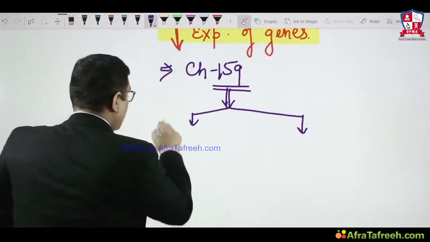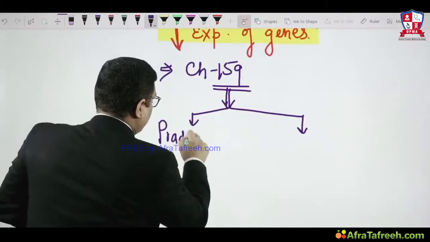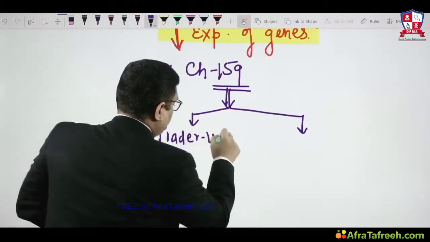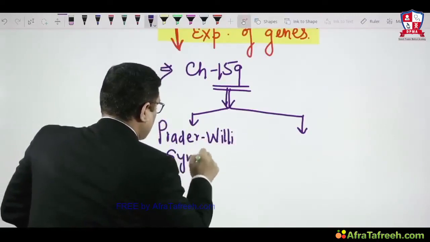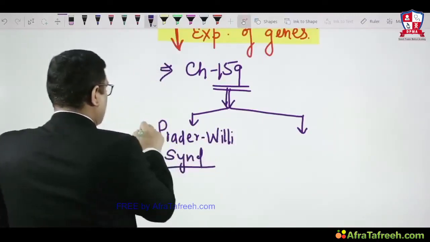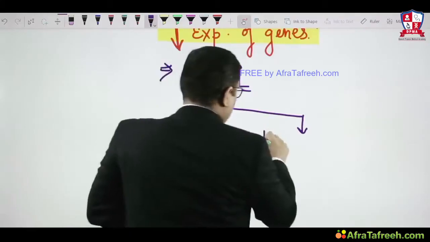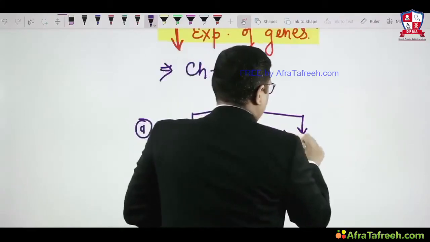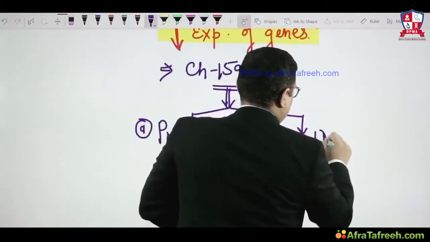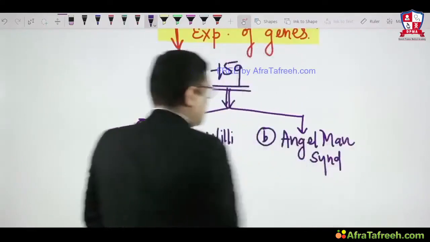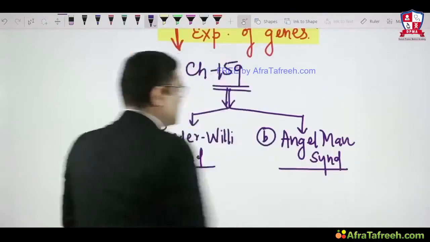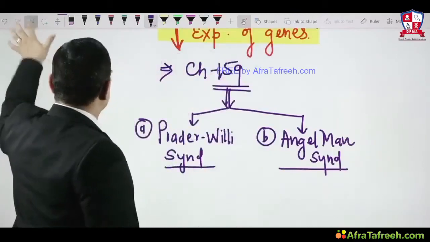These disorders are Prader-Willi syndrome, and second is Angelman syndrome. So these are two disorders which are associated with abnormal genomic imprinting, right?